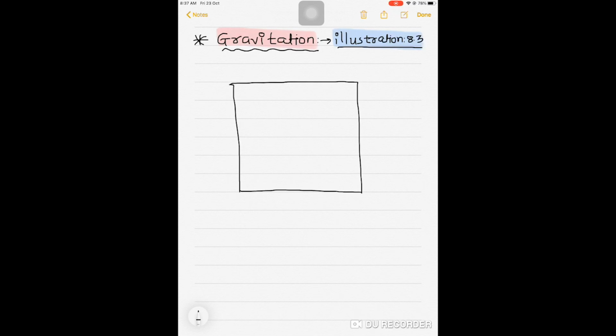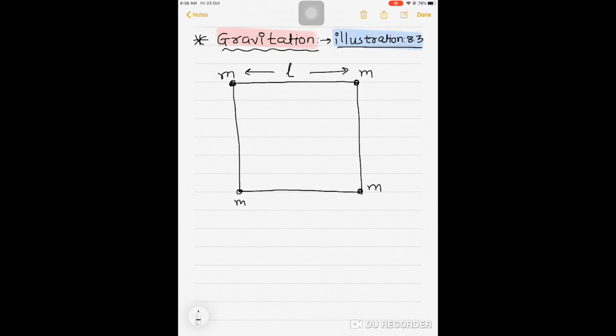So in this question we are given a square, four vertices of the square are given, and a mass small m is located at each vertex. The sides of the square are small l, and we have to find out the potential energy of the system.